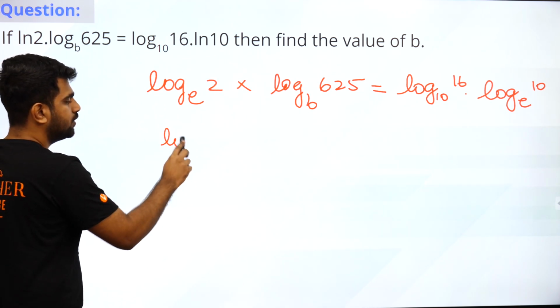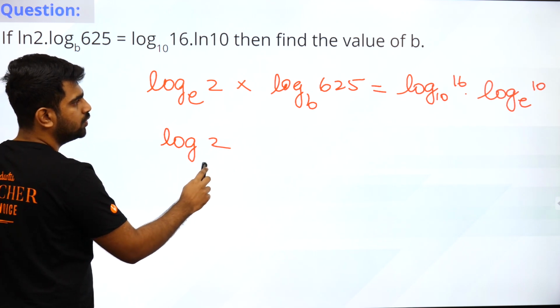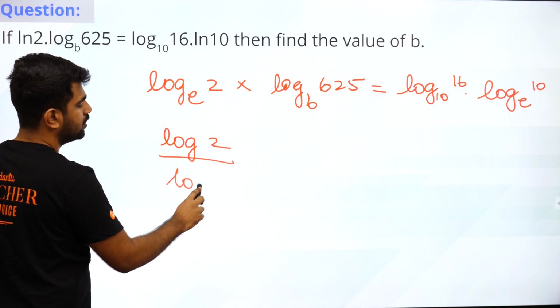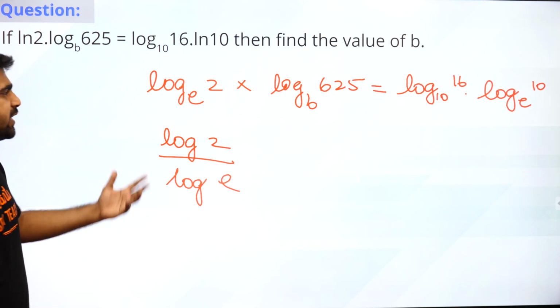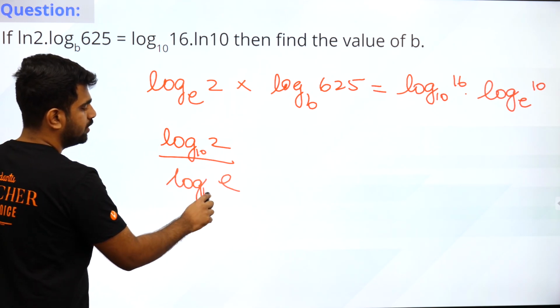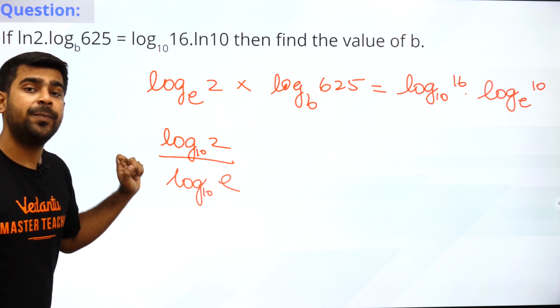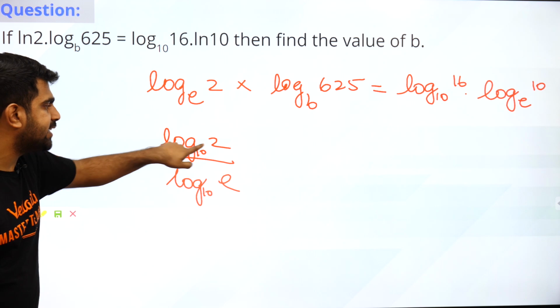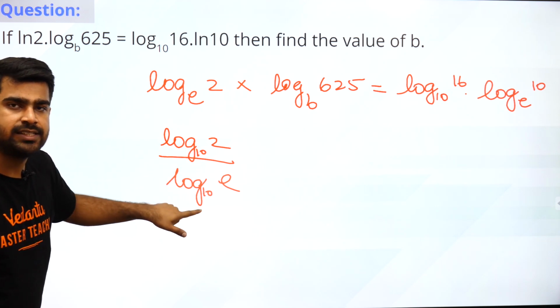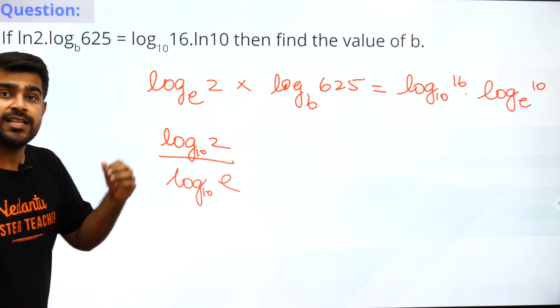Can I write this as log 2 by log e? Okay, so let me write it to base 10. What did I use here? I used property 4. I can separate this and write it to any common base. That common base I chose as 10.